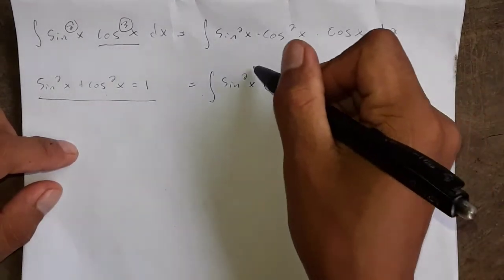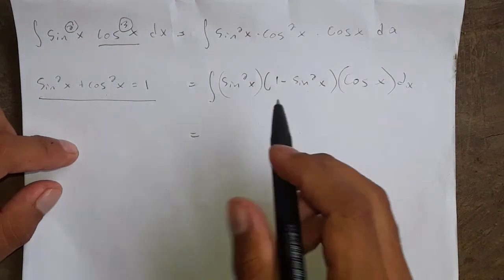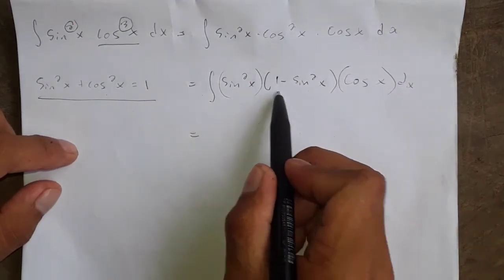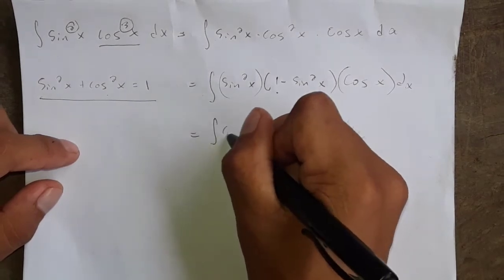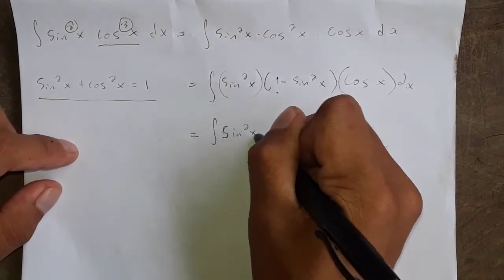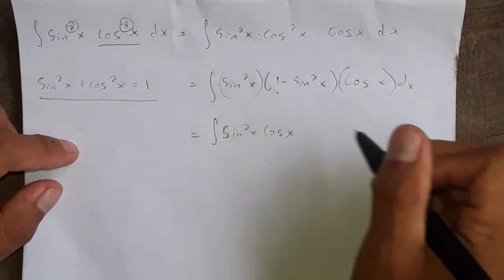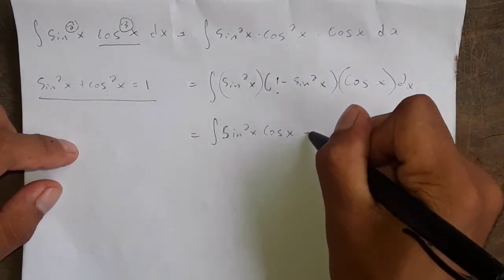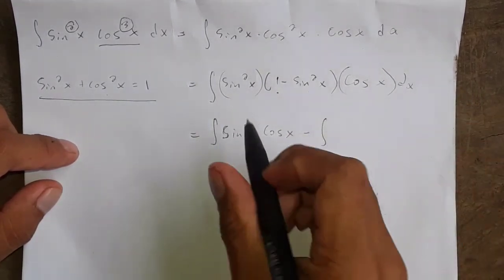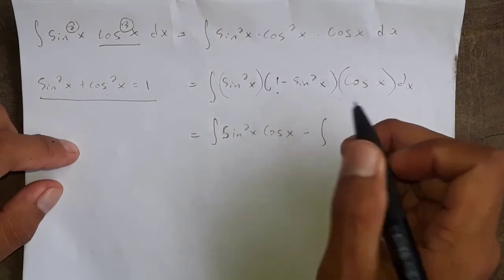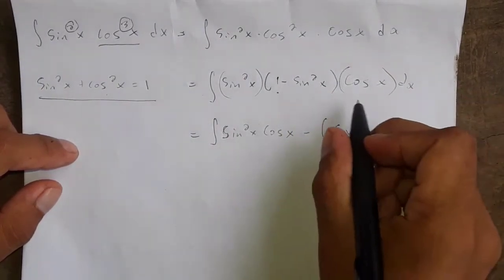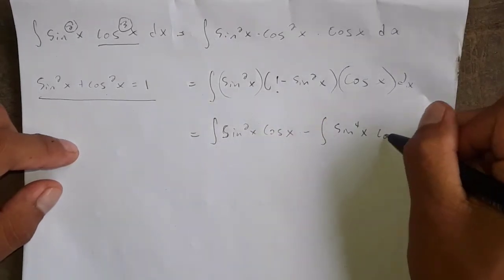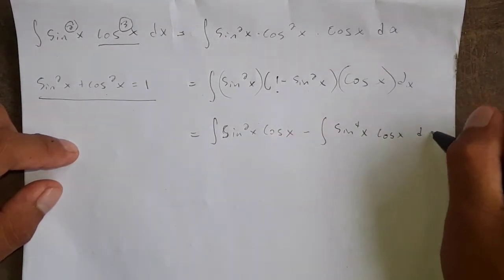By simplifying, sine squared of x times 1 then times cosine of x, so we have the integral of sine squared of x times cosine of x minus the integral of sine squared of x times sine squared of x, which is sine raised to 4 of x, times cosine of x dx.